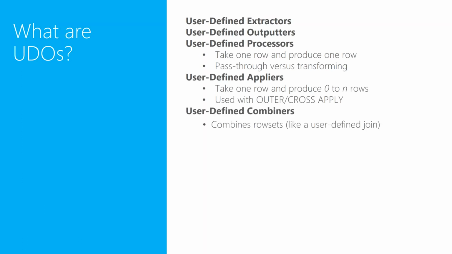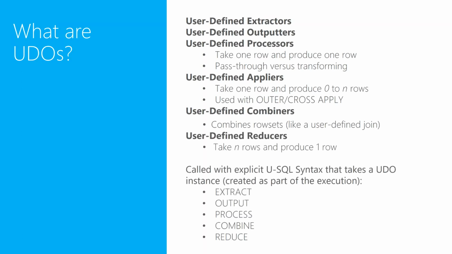These are basically rowset generating and/or rowset consuming operations that you can add to extend the language with, and reducers, etc. Now, you call them with explicit U-SQL syntax that takes the UDO instance and then scales them out over the amount of data and over your execution fabric.